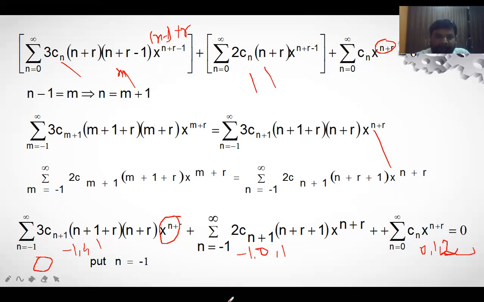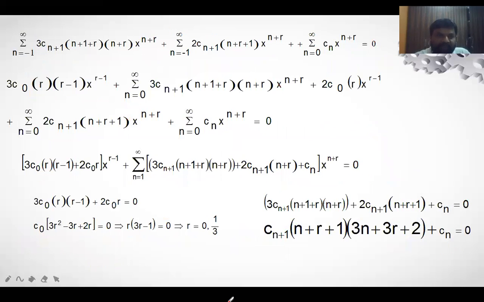So put n equal to minus 1. If you substitute here, minus 1 plus 1 is 0, so 3c0. Here minus 1 plus 1 is 0, that is r, so r minus 1, x raised to r minus 1. The remaining sum varies from 0 to infinity, 3c n plus 1 into n plus 1 plus r into n plus r, x raised to n plus r.